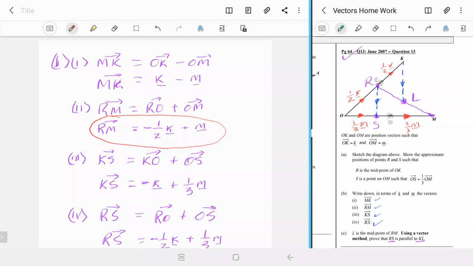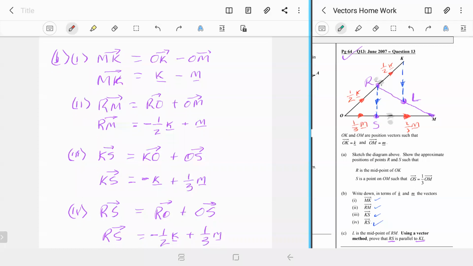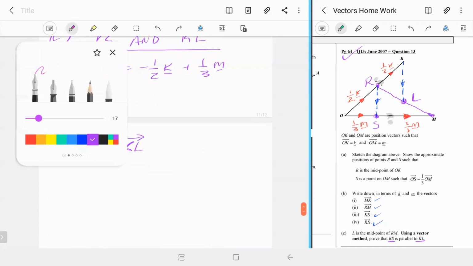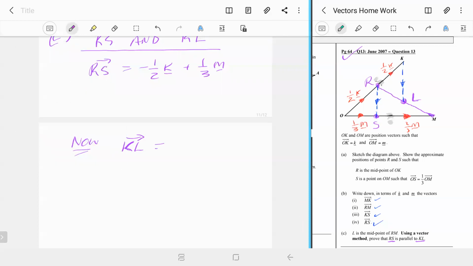See that? Now tell me, how do we go from K to L? Look at the diagram. It's the easiest route to go from K to L. I want to write it down. So tell me, K to L equals what? Break it down for me. Where would I go first? It's just how you go from point to point.